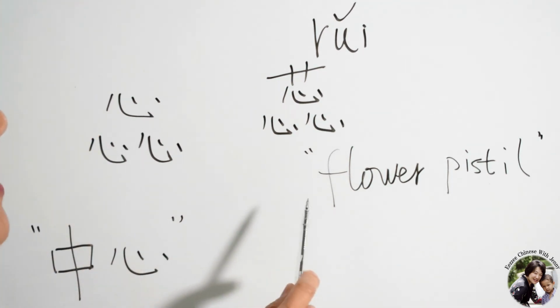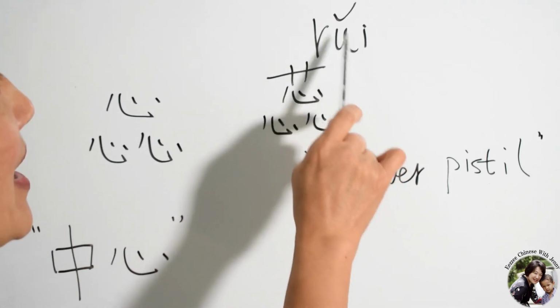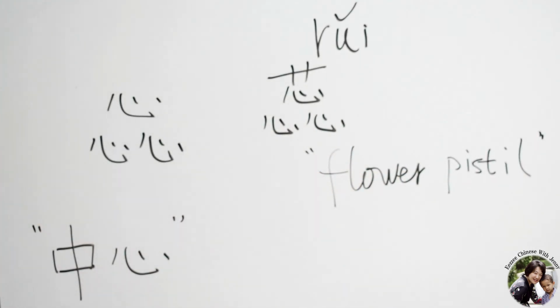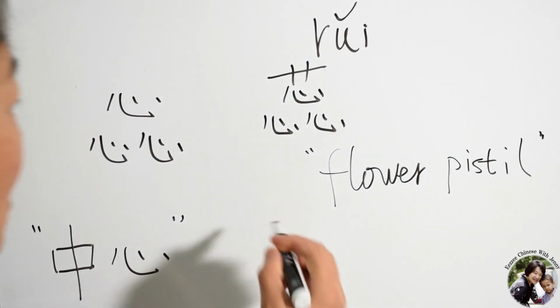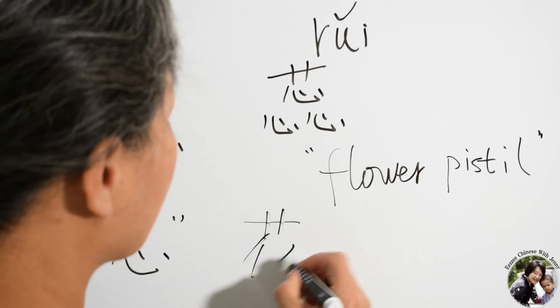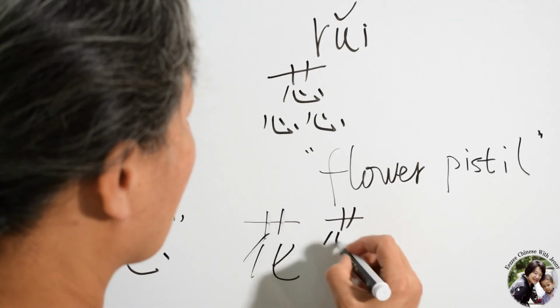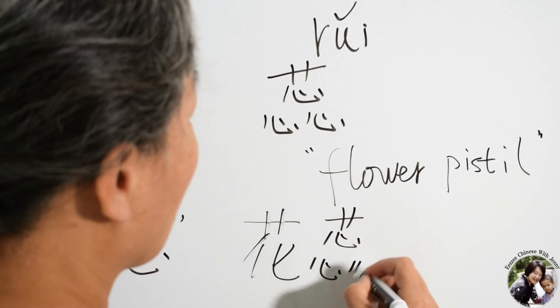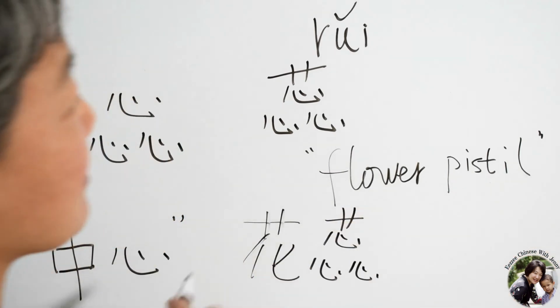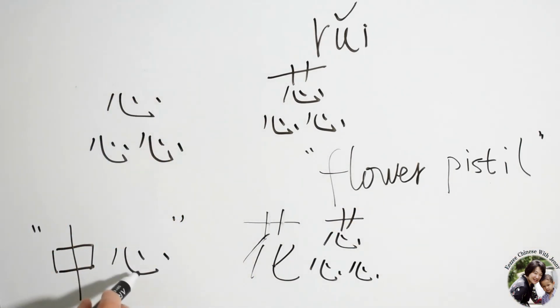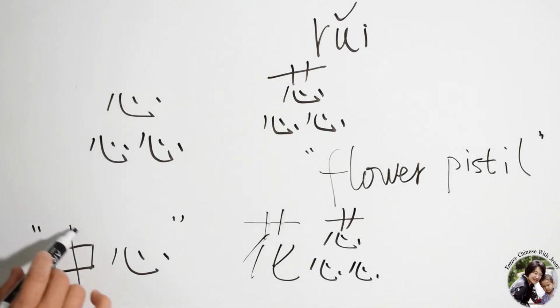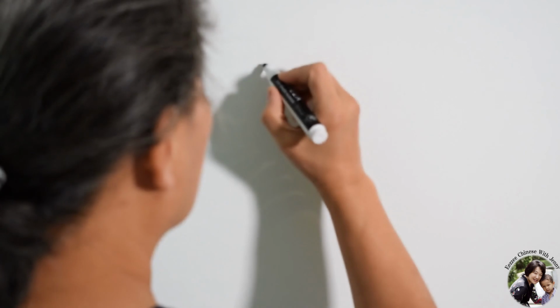The pronunciation is rui, the third tone. And if you say hua, which means flower, huarui means flower pistil. And xin, remember, this character means center, zhongxin, together also means the center, flower pistil.